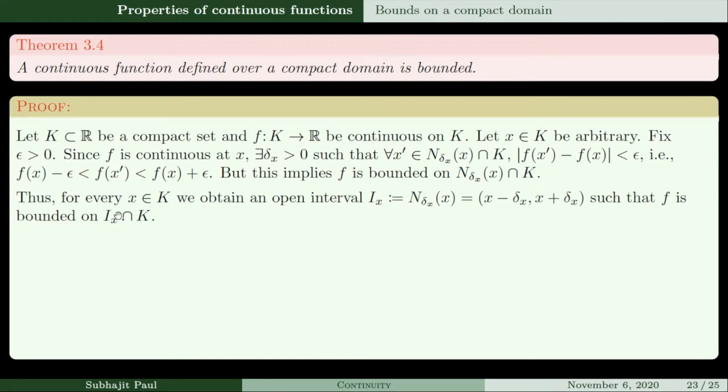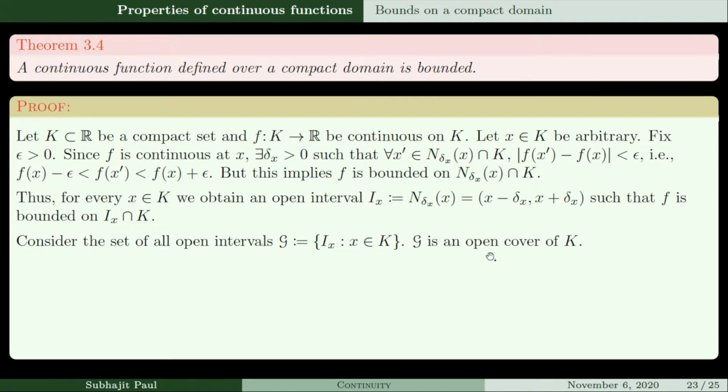Now, since x is arbitrary, for every point x in K, we would obtain an open interval I_x, which is of the form x minus delta_x to x plus delta_x, that is, the delta_x neighborhood of x, such that f is bounded on I_x intersection K. Consider this set of all open intervals I_x thus found and call that collection G. Then G is definitely an open cover of K. Now, since K is compact, G will admit a finite subcover, let's say I_x1, I_x2 up to I_xn.